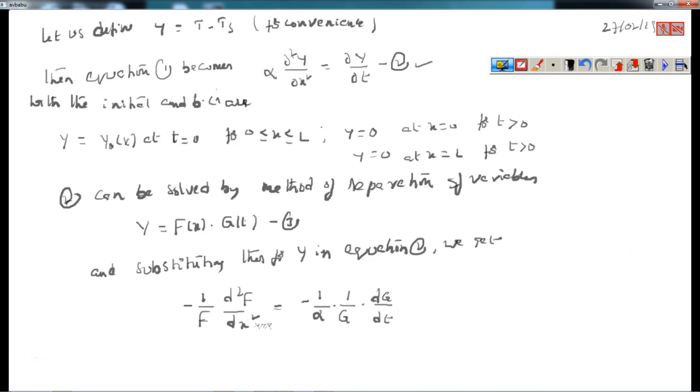Now the variables on each side I am equating to a constant called lambda square.